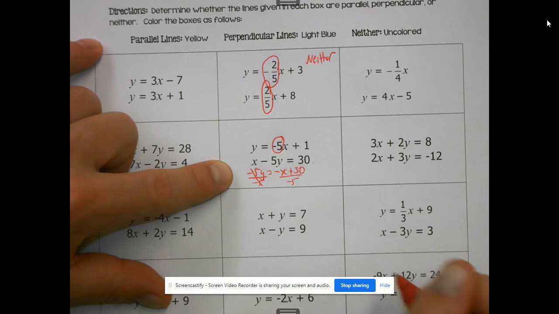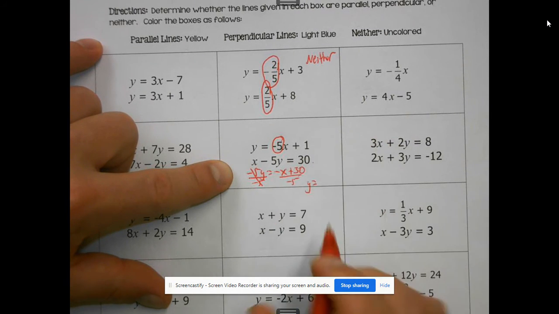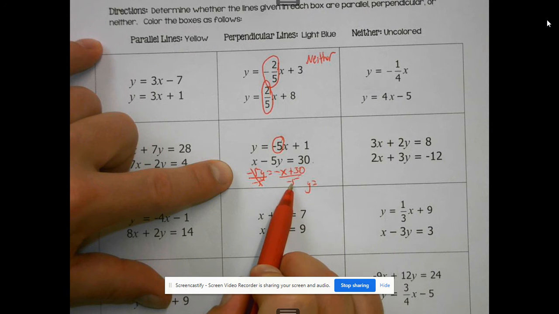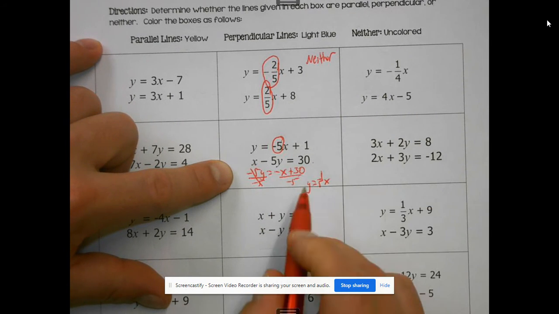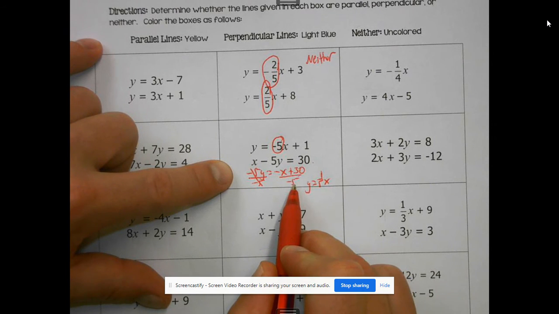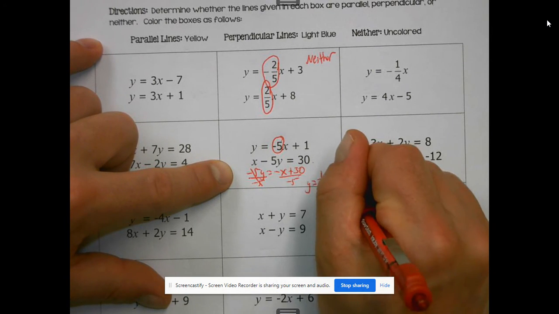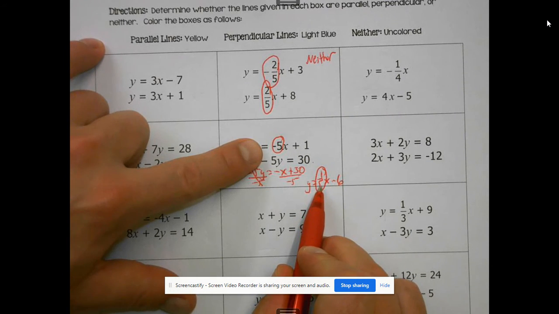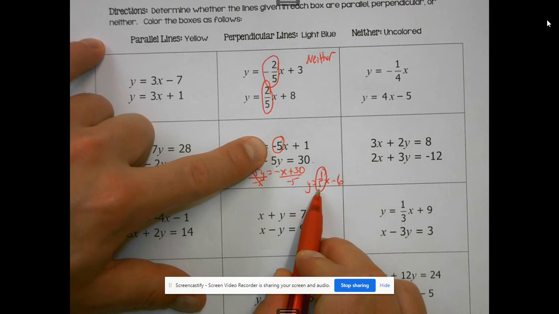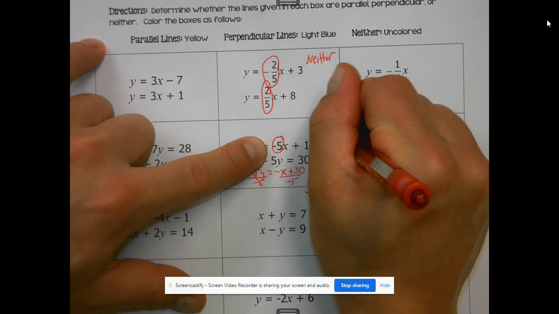They cancel there. Negative 1 over negative 5 is positive 1 over 5. Negative 30 divided by negative 5 is negative 6. 1/5 and negative 5, those are negative reciprocals. These are perpendicular.